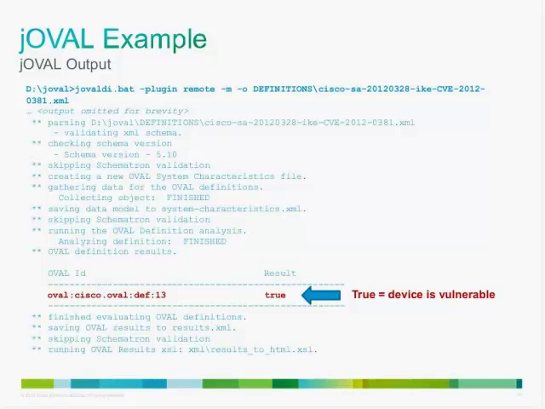Now, this is the output of what the tool actually does. Initially, it validates the XML against the OVAL schema. It goes on to connect to the device. In this case, the machine that is running Jovel is connecting to the router via SSH and obtaining all the information about the device, based on that OVAL definition. It looks to see not only if it's running an affected version of code, but if it's actually configured, in this case, for IKE.